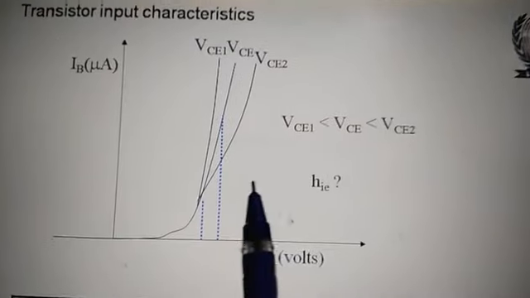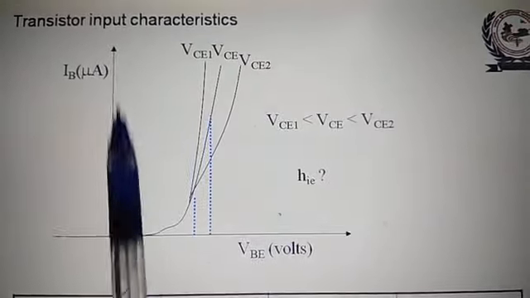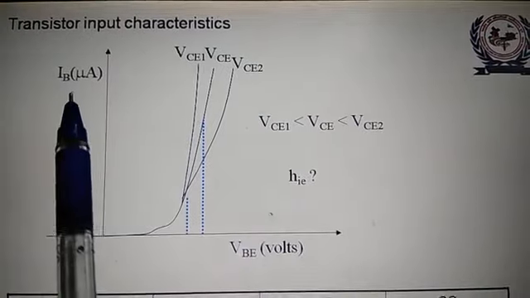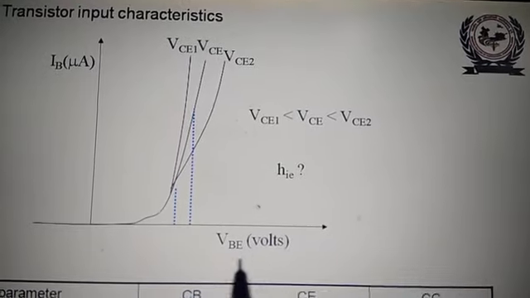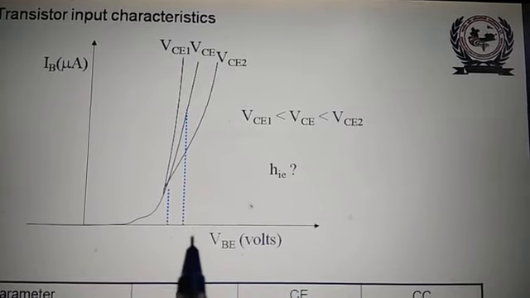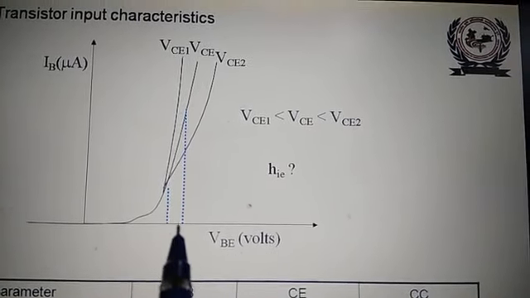Here are the input characteristics of the transistor which we have seen. IB is in microampere, the input current is very small, and this is the input voltage VBE, the base to emitter voltage, which is up to 0.3 or 0.7 volt depending upon the type of transistor, whether it is silicon or germanium.